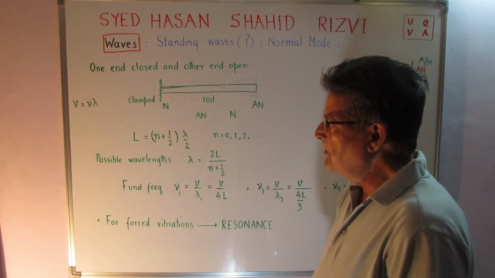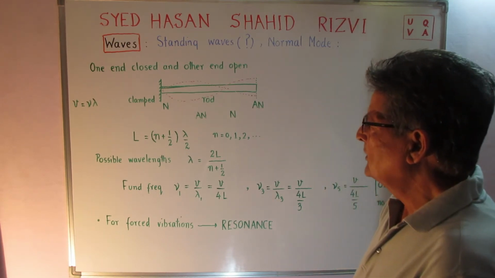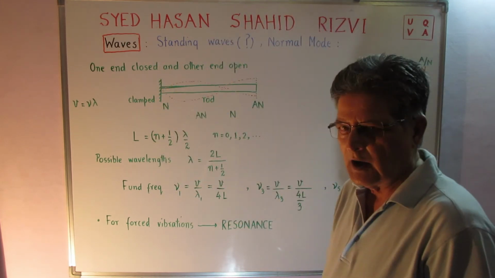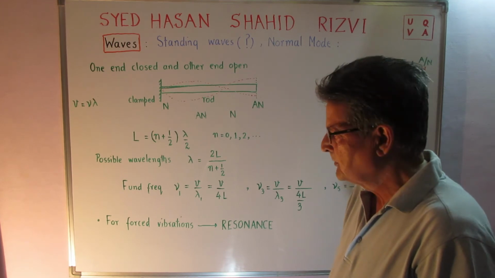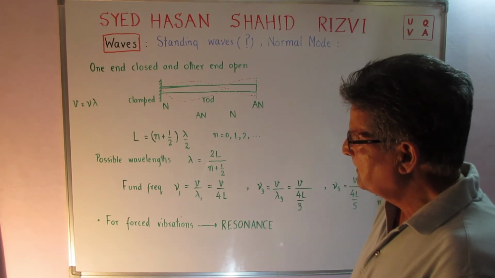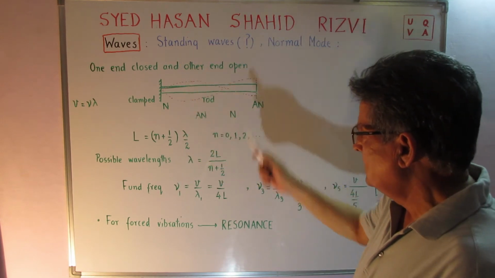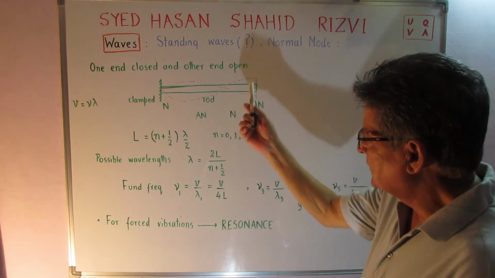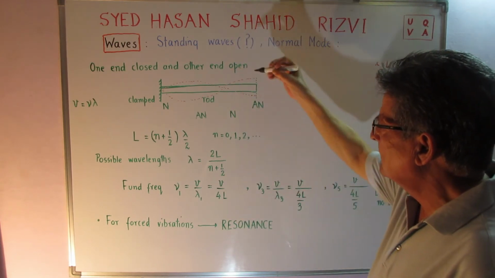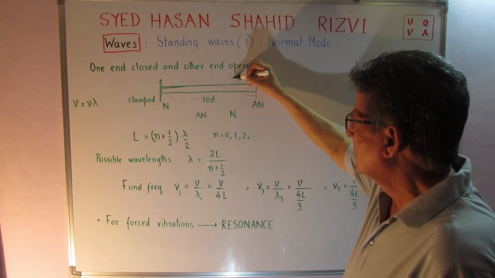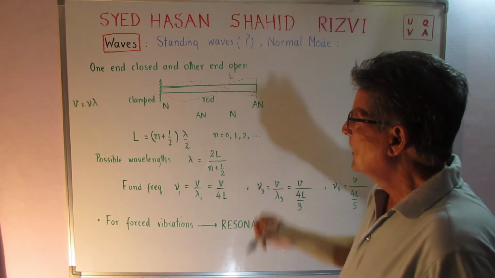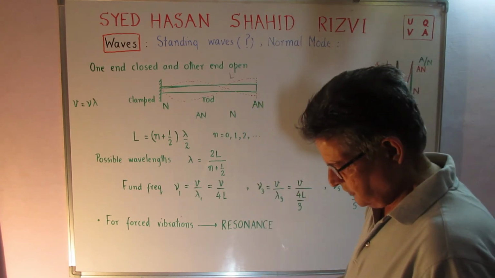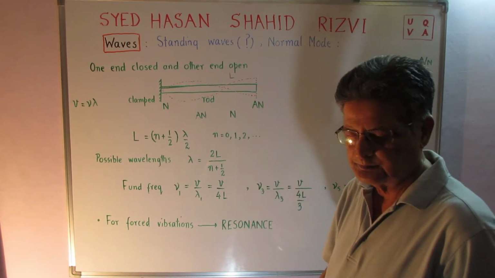I'm going to take up the other thing where one end is closed and the other end is open. For example, here there is a rod of uniform density of a certain length, capital L, and this is clamped here, and the other end is free to move.